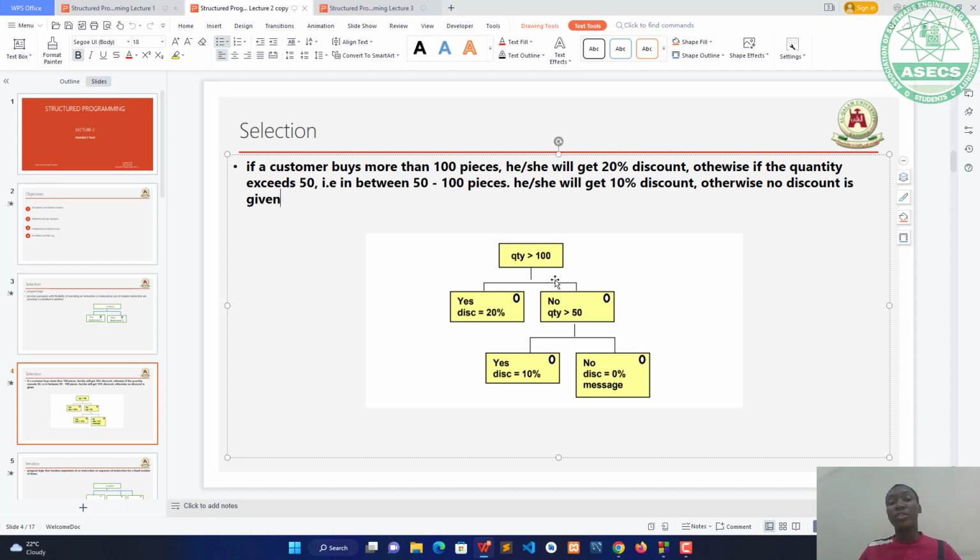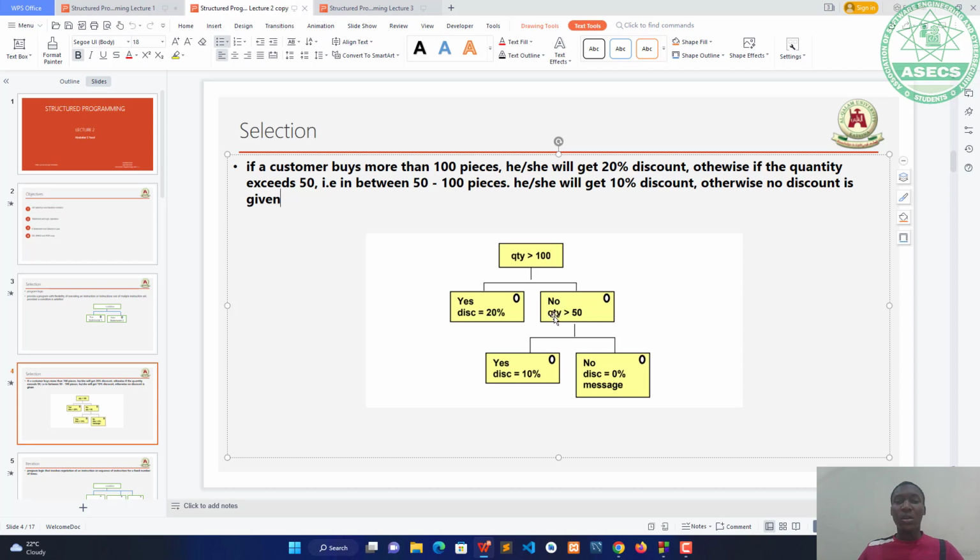So this is a normal JSP graph created using selection. Here it says if the quantity or pieces exceeds 100, if yes, discount equals 20%. Here the circle is placed, which indicates that this is a selection symbol or selection notation.